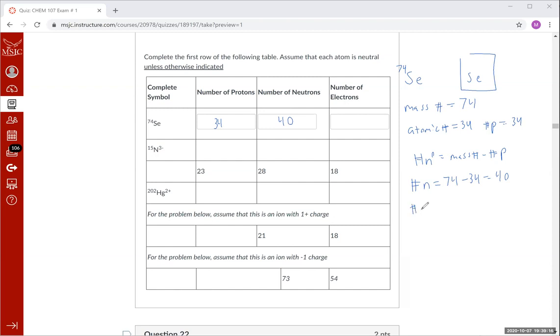Our number of electrons is just equal to the number of protons minus the charge. We have 34 protons, a charge of 0, and that gives us 34 electrons. Does this first part make sense? Do these calculations look familiar to everyone from chapter 2 on isotope notation?